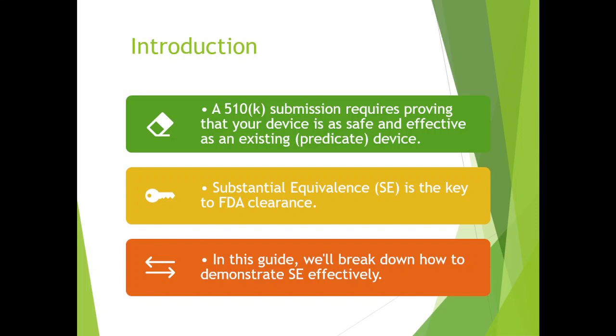Then, if you can also demonstrate that the differences are safe and effective, the device as a whole is considered safe and effective. This philosophy reduces the FDA's burden of reviewing every device from scratch.